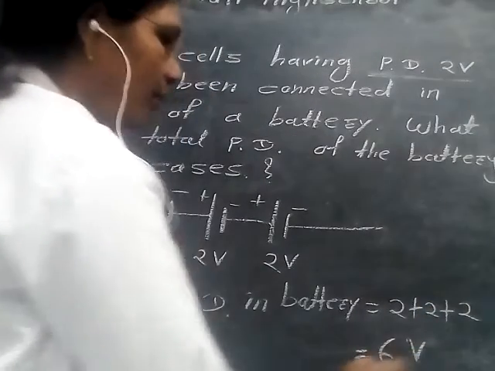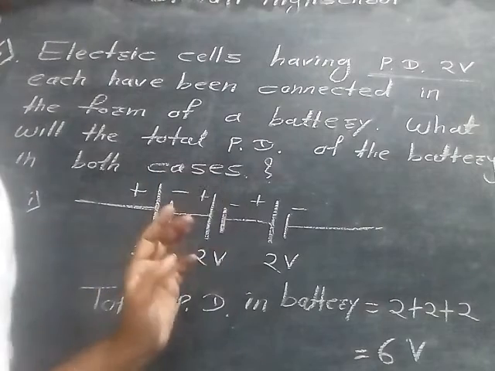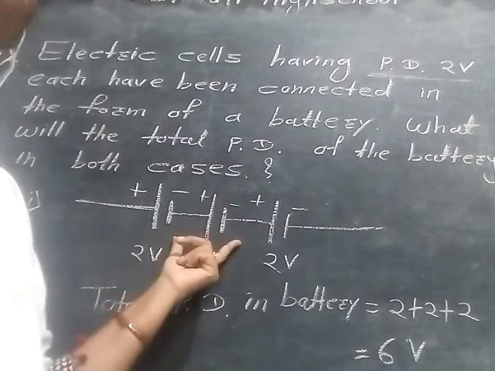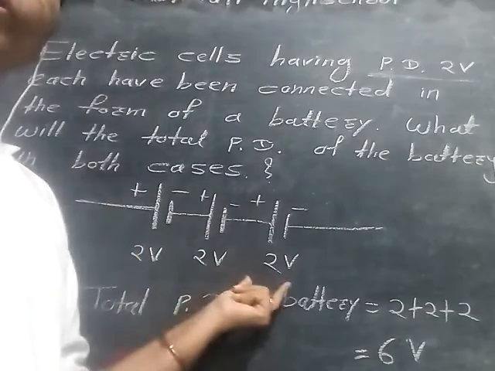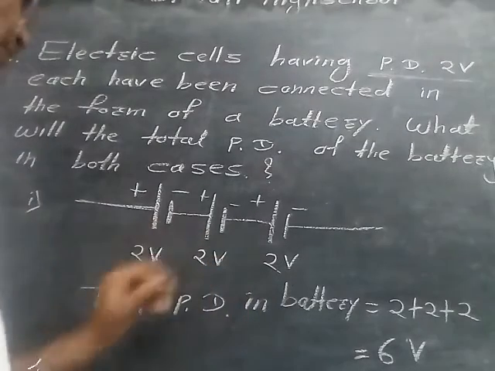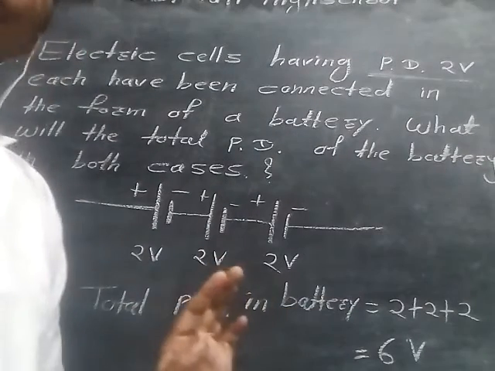Because three cells are connected and each has 2 volt potential difference, the total potential difference in this battery is 6 volt.